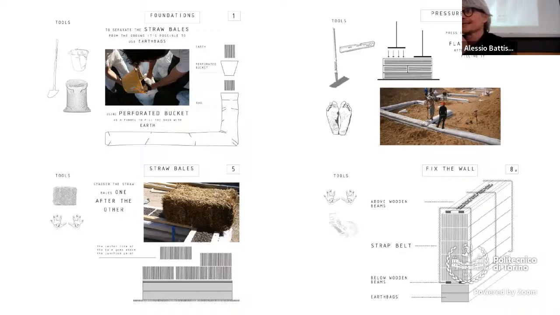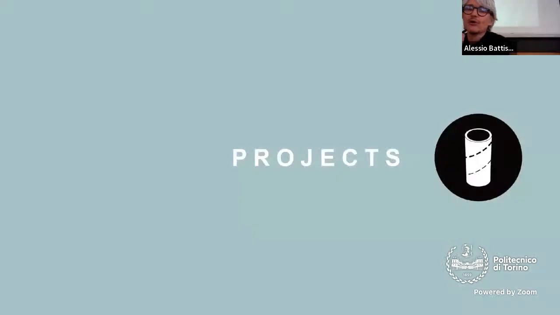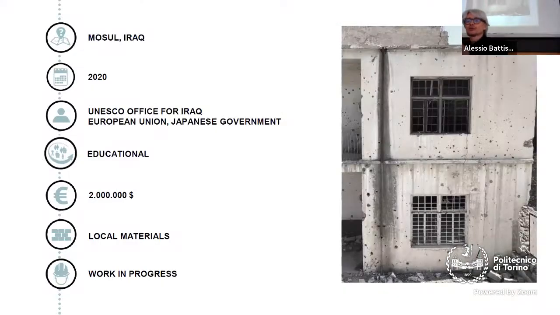So it should be something not sexy, graphical, sexy for us, but something very clear. Tools, how you get it, and what is the final result. Very, very simple. These are some of the pages.